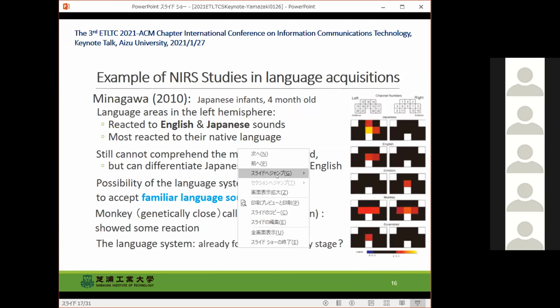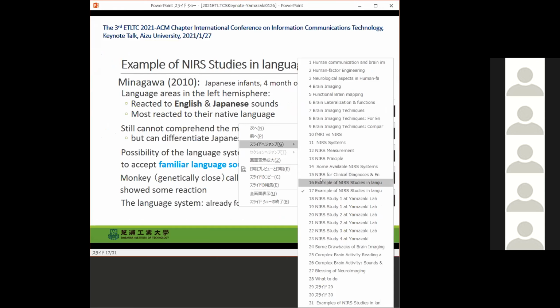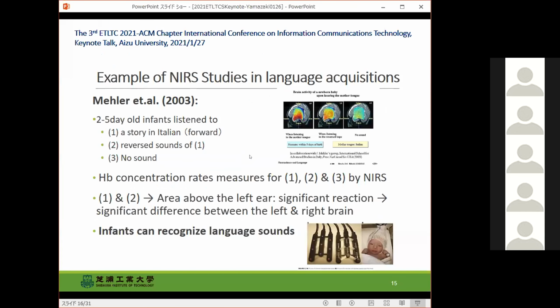Well, you mean that will be probably a couple of slides. Oh yes, the story in Italian. Why Italian? Okay. Well, because this research is Italian. Okay. So that was native stories for them. We followed this. Actually, this is a very clever experimental design. See, by reversing the Italian sentence, you can separate the meaning of the sentence from the sound. Yes, that's quite fascinating.